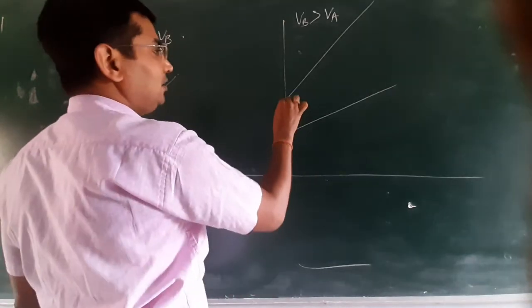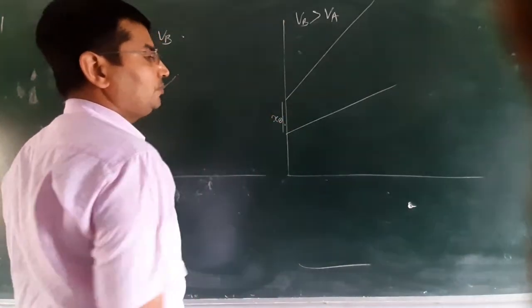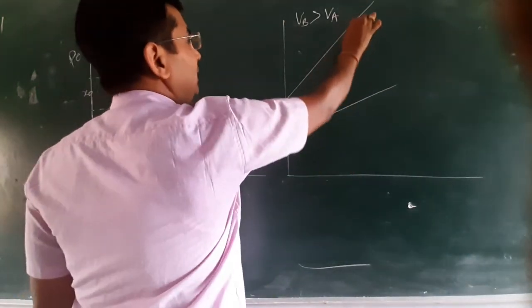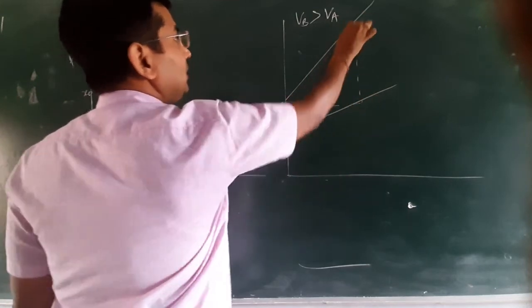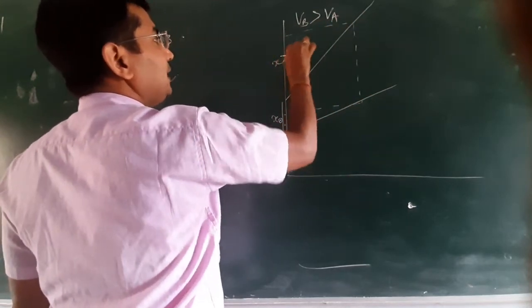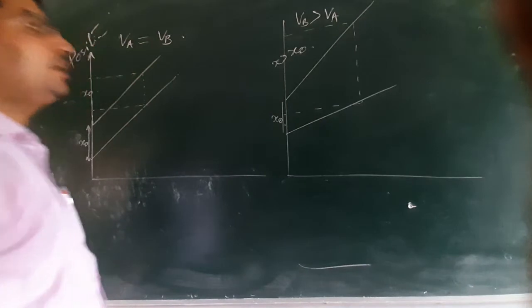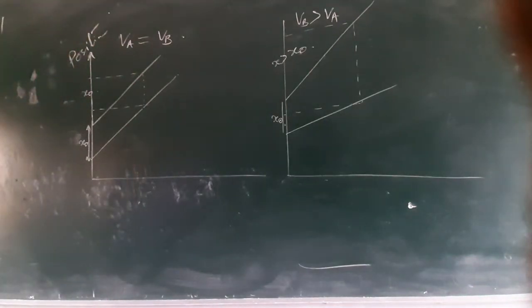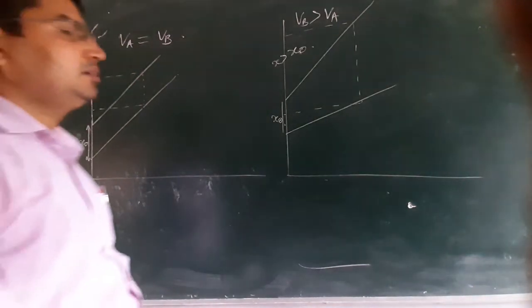What we are seeing here is that the initial separation was x naught, and here the separation x is more than x naught. Means the separation between both the objects continuously increases.